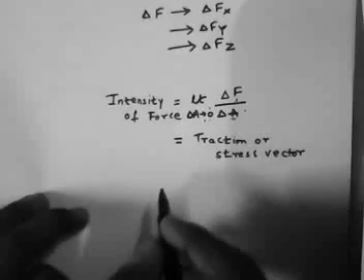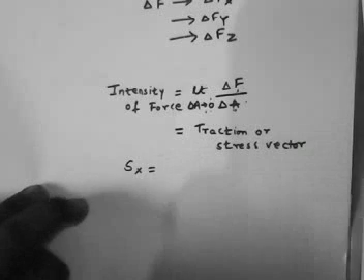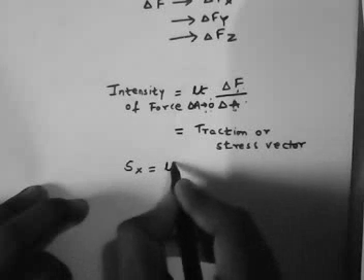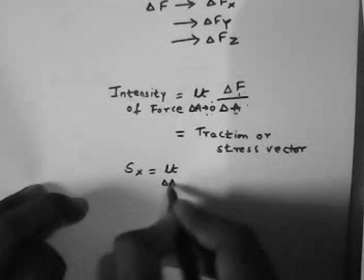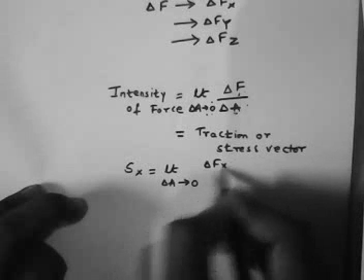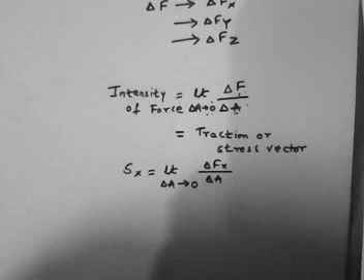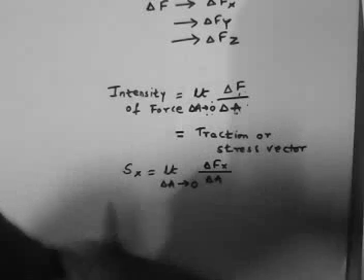If you consider this stress in the x direction, suppose you denote it by Sx, what will that be? Limit delta A tends to 0, of the force acting in the x direction by delta A. Why delta A, not delta x?